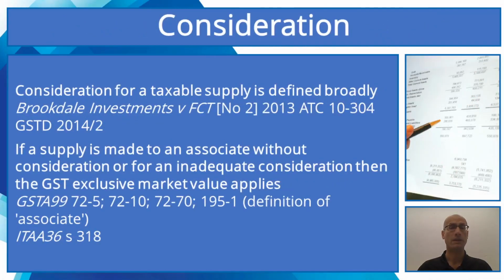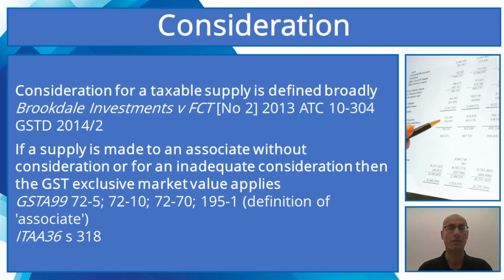Where we look at consideration as an element of a taxable supply for GST purposes, you'll also see this common theme of the particular word having a very broad definition. And also note that where a supply has been made to an associate with either some reduced or inadequate consideration or simply no consideration at all, then for the purposes of the GST law, they actually apply Section 318 of the Old Income Tax Act.